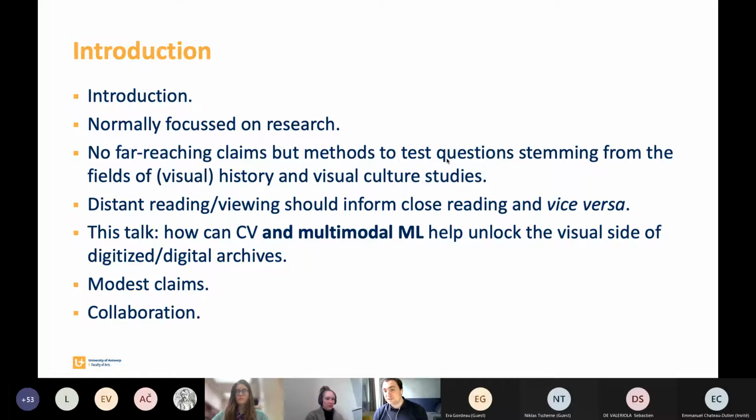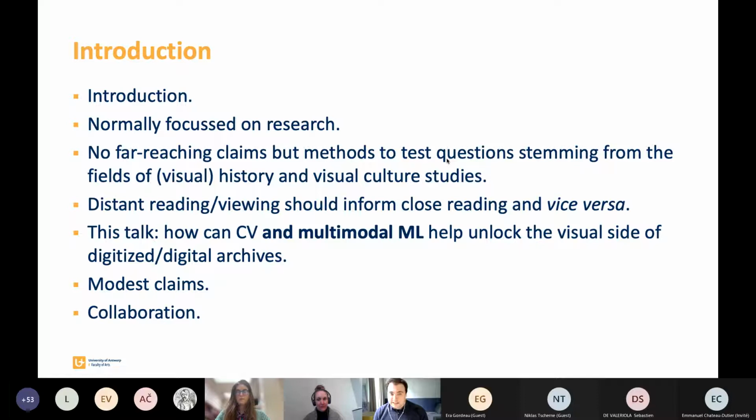I try to apply computational techniques not to make any far-reaching claims, as is sometimes done in the digital humanities, but rather to test hypotheses that come directly from fields that I'm interested in, mostly visual history, but also visual culture studies. Distant reading and distant viewing, in my opinion, should always interact with each other.